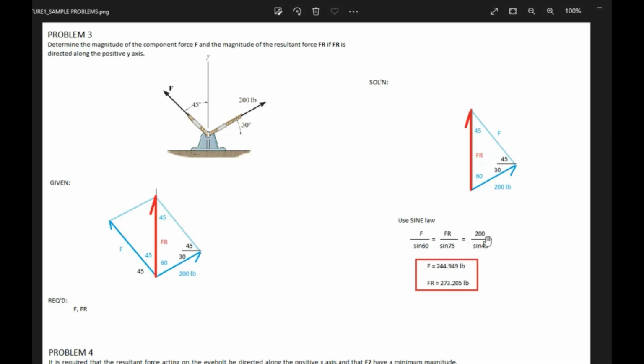Okay, and then equals 200 over sine of this one, 45. Alright, now, that's just solving for the unknowns. So, just press on the calculator, and you will arrive at a value of 244.949 pounds for F and 273.205 pounds for Fr, or F sub R.